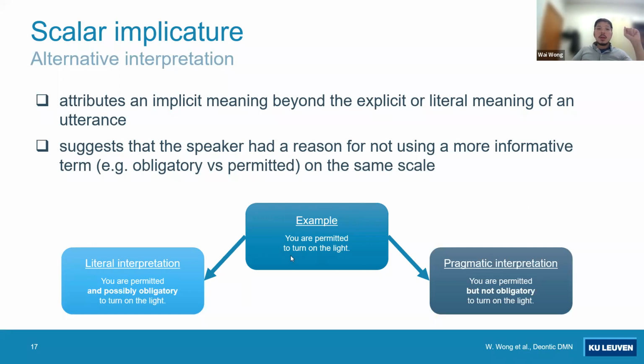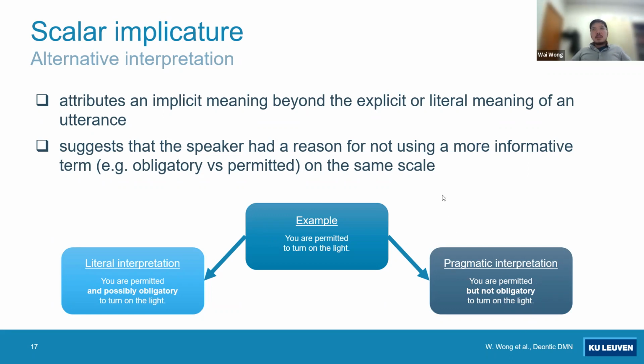You say that you are permitted to turn on the light. Literally speaking, you are permitted and possibly obligated to turn on the light. But when we commonly interpret it, we interpret it pragmatically as: you are permitted but not obligated to turn on the light.